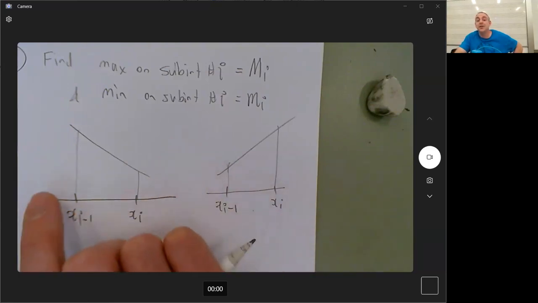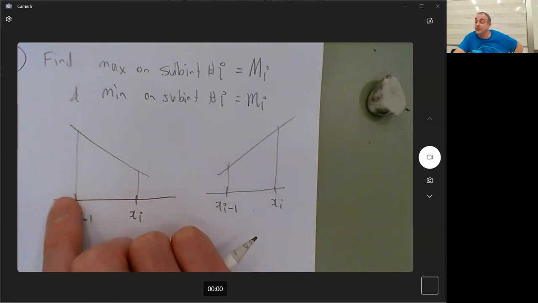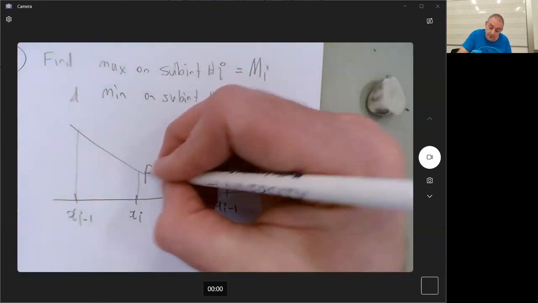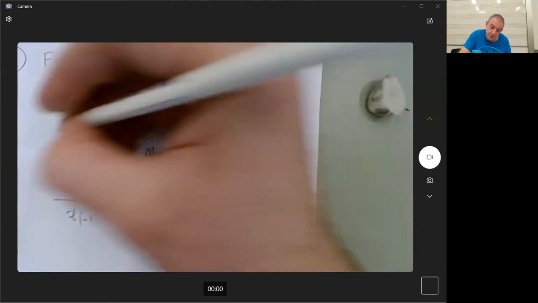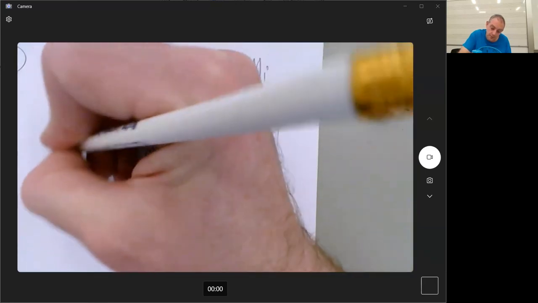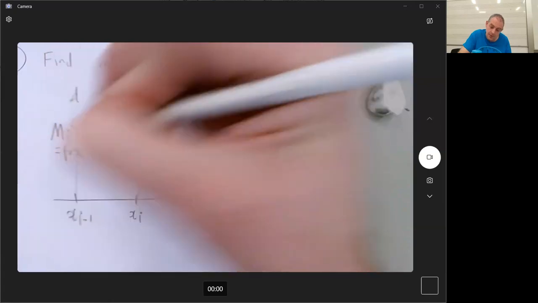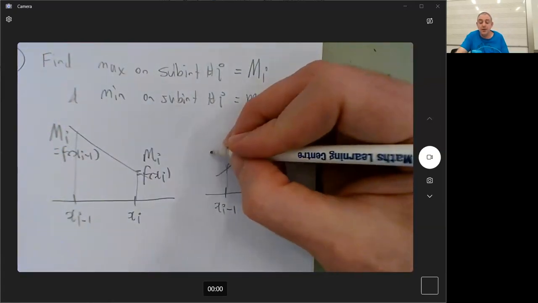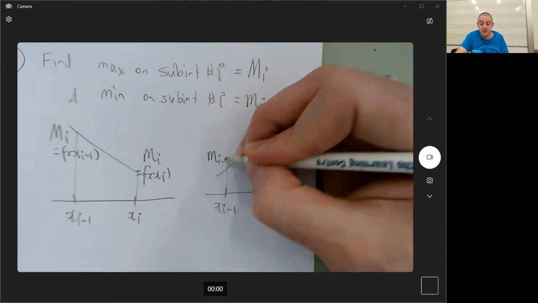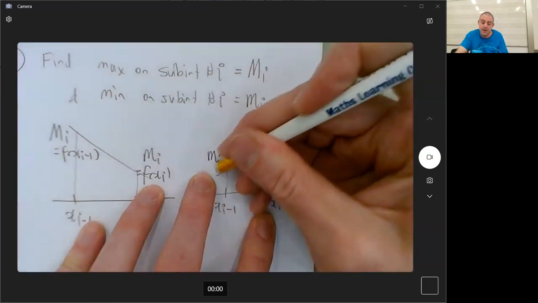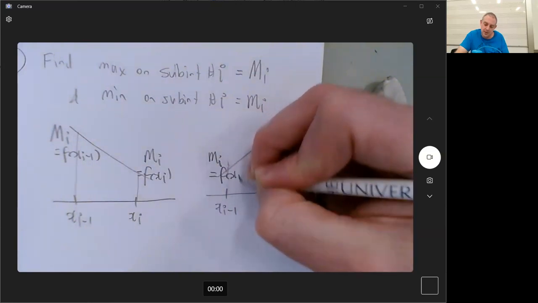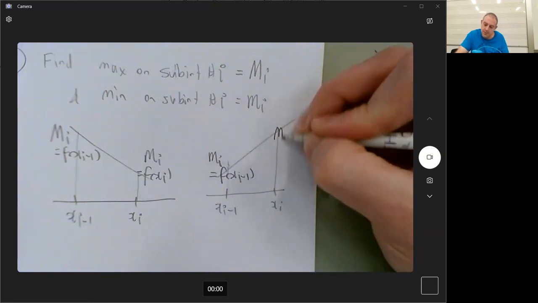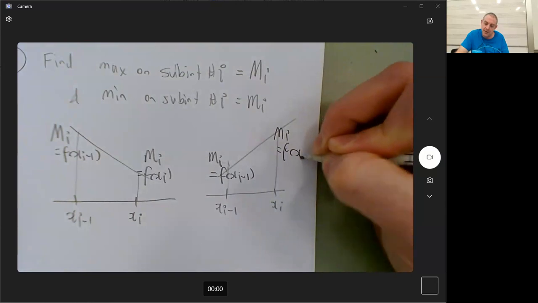And the maximum is at the left-hand side and is the function value at xi minus 1. But in this one, the minimum is on the left-hand side. So mi, the minimum, is f of xi minus 1, and capital Mi is f of xi.